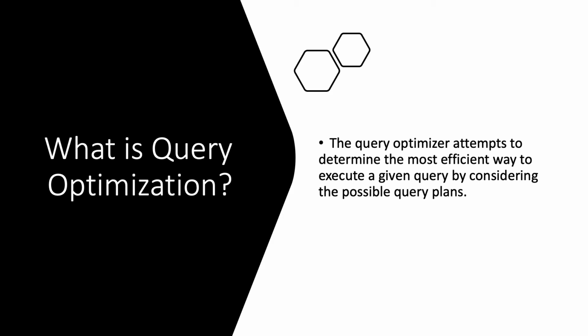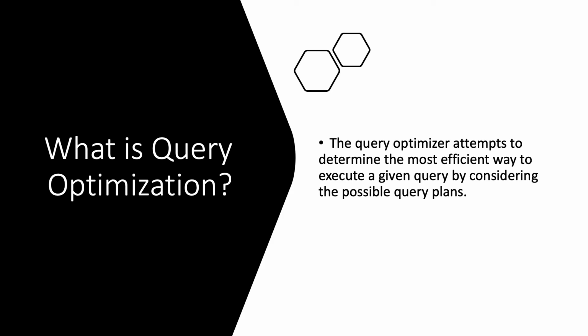After going through query and optimization separately, now comes the term query optimization. So I would like to raise the question, what is query optimization, or what do you understand by query optimization?